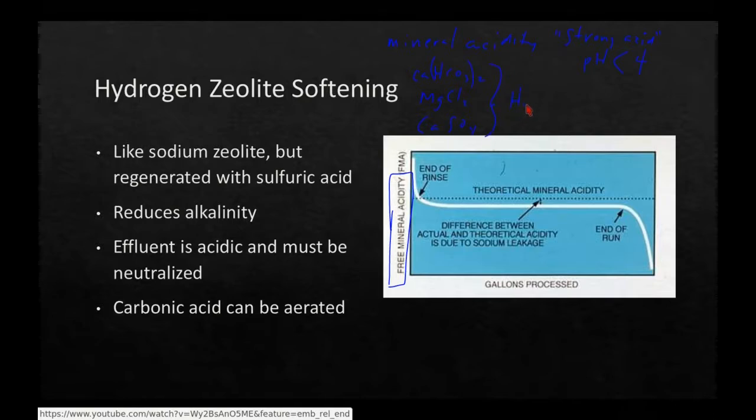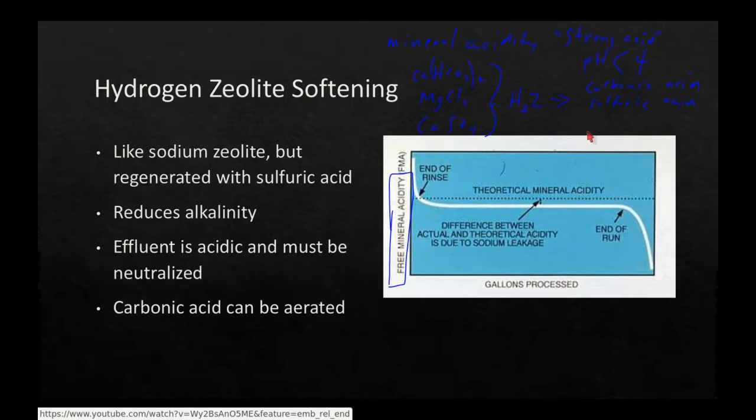When these go into our hydrogen zeolite softener, what we get is carbonic acid. That's what the calcium bicarbonate becomes. We get carbonic acid in the effluent. We get sulfuric acid, because that's what the calcium sulfate becomes.